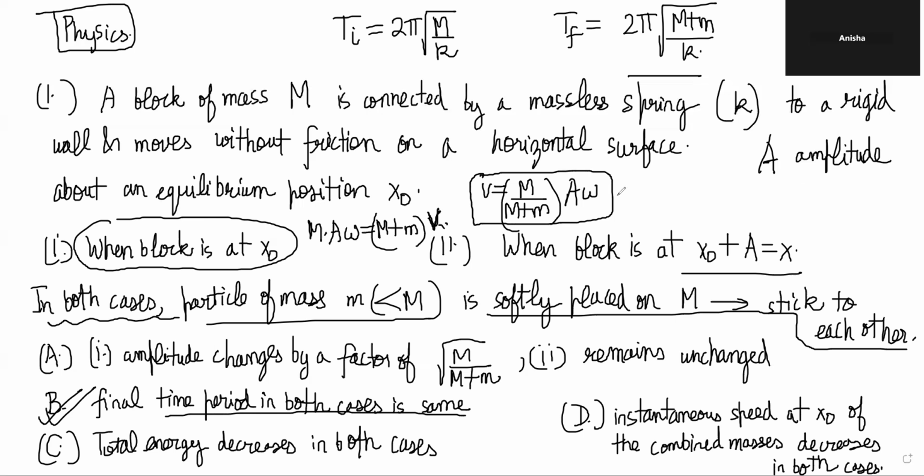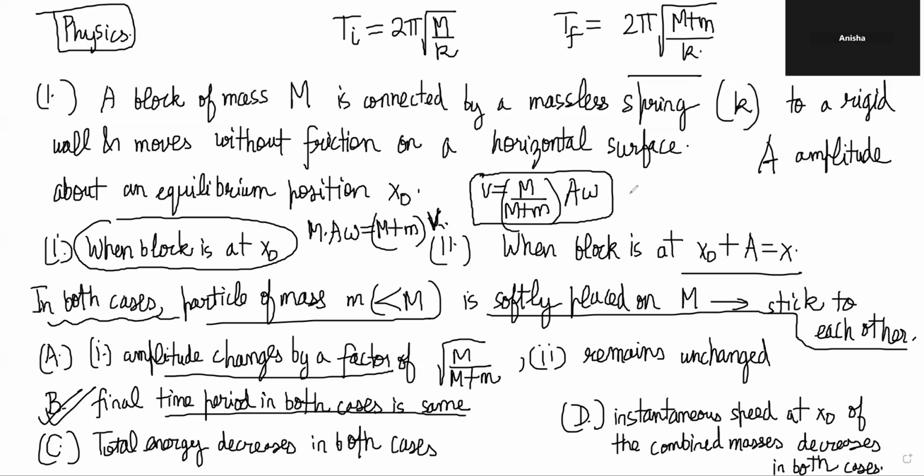Clearly the velocity has changed because amplitude has changed, correct? So in case one, amplitude will change. Now you just have to make sure that the factor is right.